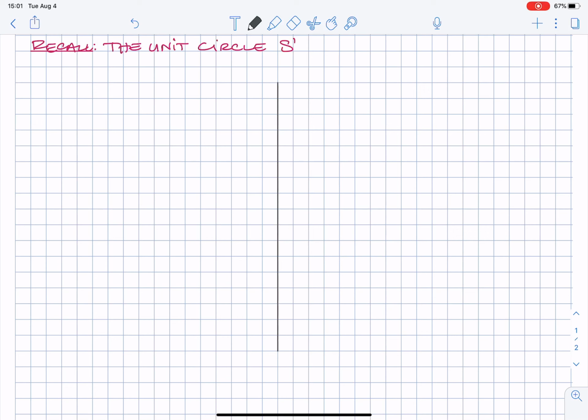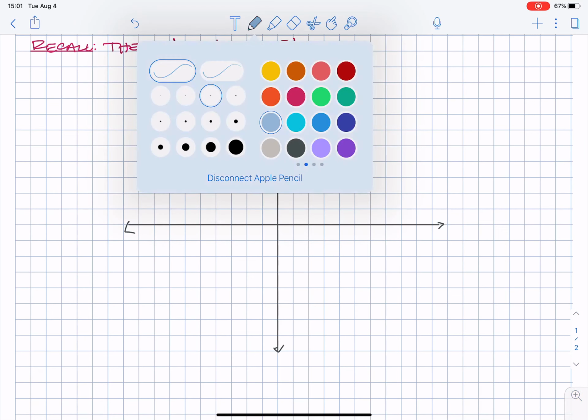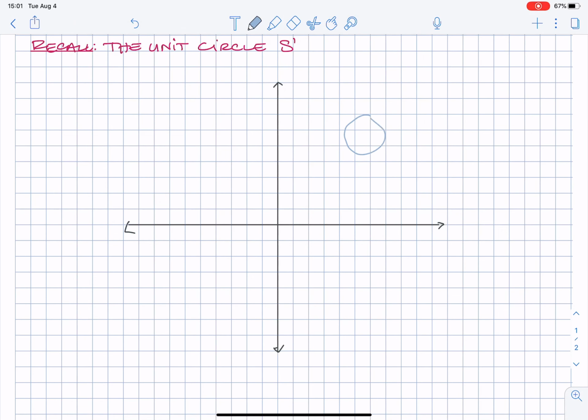We can have all of our everything. Let's see. So I'll make a small circle and then make it larger. So let me do this circle in. Okay.